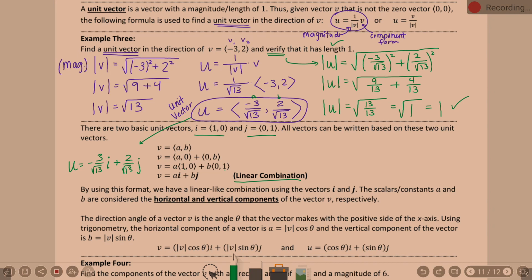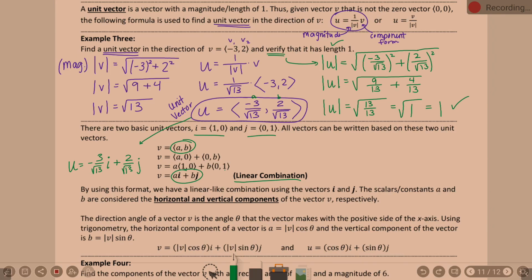That's what your linear combination looks like. It's just saying that we can take a typical component form and rewrite it as a linear combination. We're going to use it in other ways down here. I'm just trying to show you the connection: how does the vector a comma b become the linear combination a times I plus b times j.